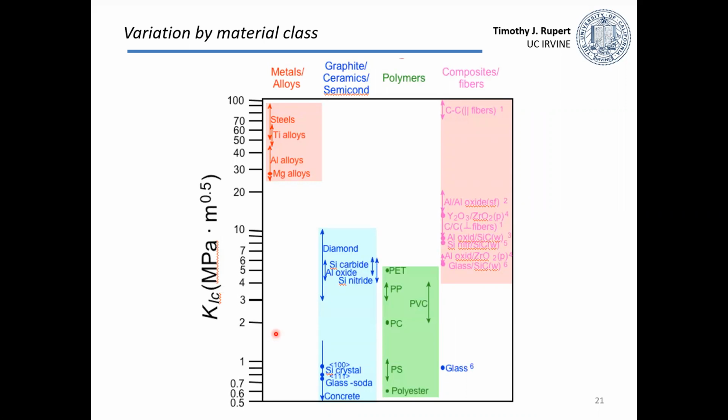So that fracture toughness of your material usually has the units megapascals times square root meter. And this starts to tell us why we use metals so often in structural applications. So when we thought about elastic properties, we said metals and ceramics are similar, ceramics might even be a little better. When we thought about strength of materials, we said metals and ceramics are pretty similar.